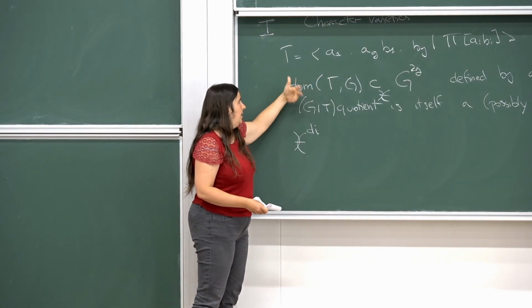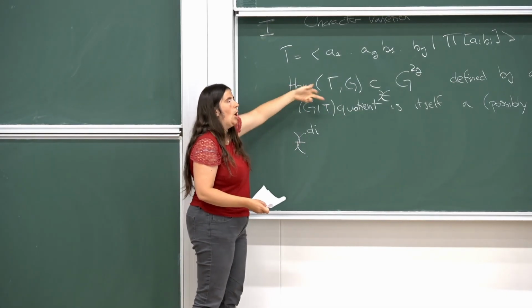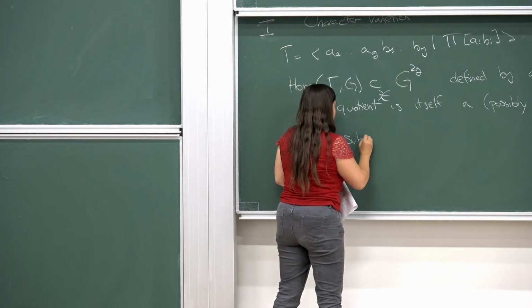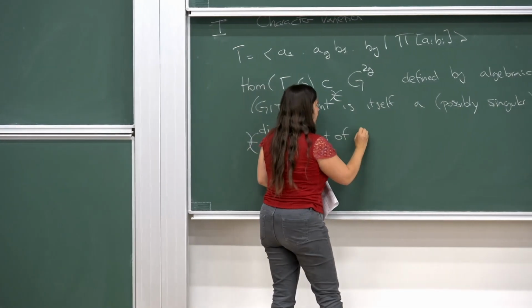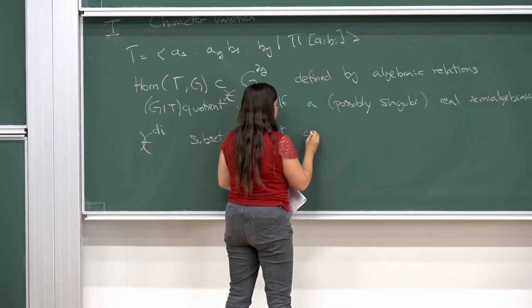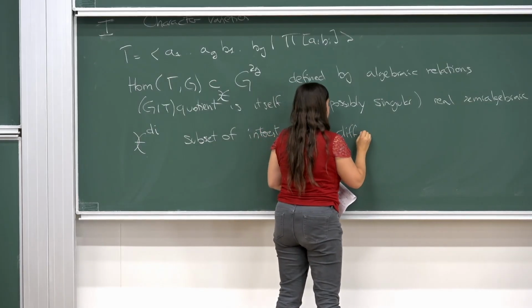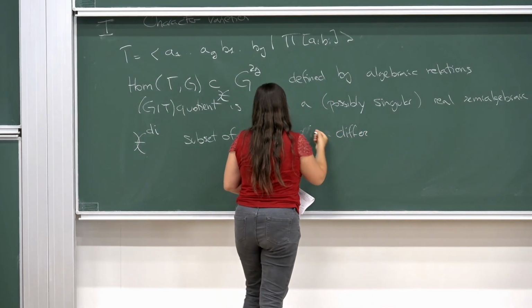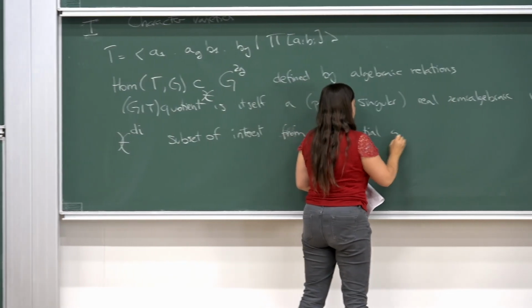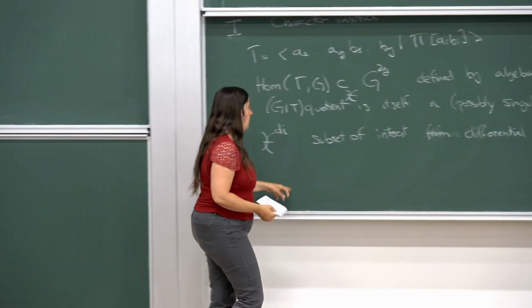But being discrete is a complicated notion that's not really algebraic. And my claim is that this is a subset of interest from a differential geometric viewpoint, and I'm going to say a few more words about this in a second.